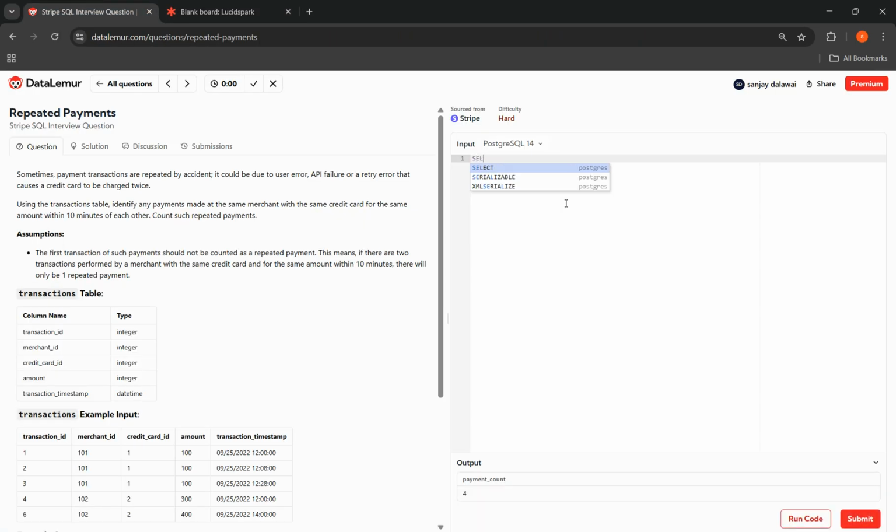So I will be selecting everything, and then lag of transaction timestamp, and over I will partition by merchant ID, credit card ID, and the amount, because we need all equal.